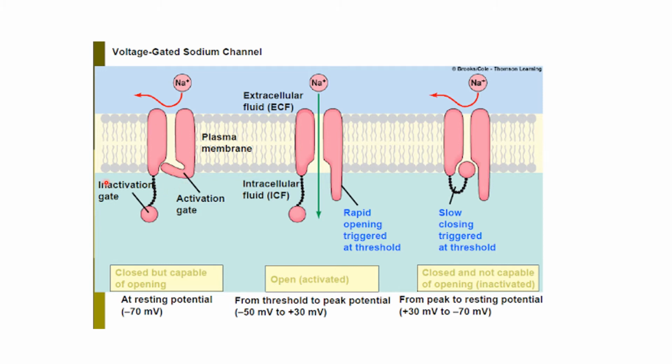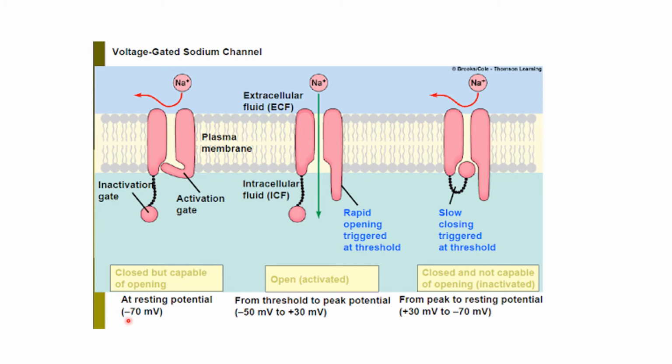So at resting membrane potential, this negative gate is pushed by negative ions inside the cell, and the gate is closed. The inactivation gates of sodium are made up of positive amino acids, so at resting membrane potential, when the inside of the membrane is negative, these charges keep the inactivation gate open. But no more sodium can enter into the cell due to the closure of the activation gate at resting membrane potential.